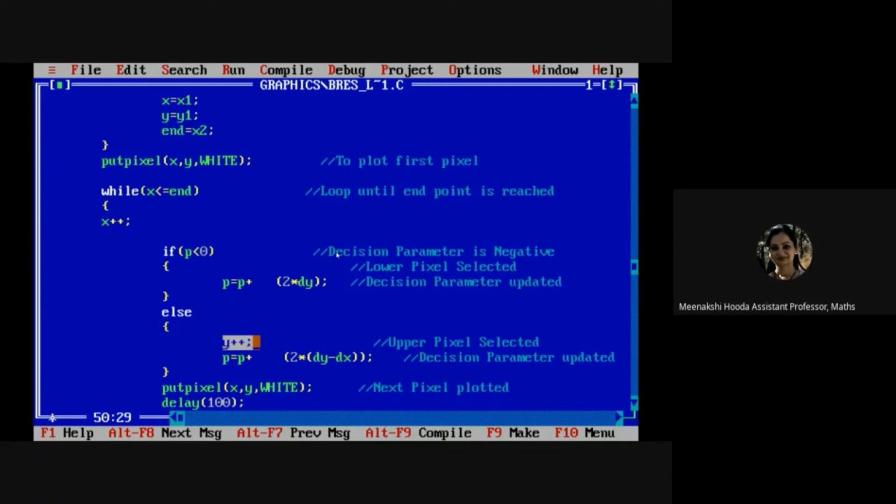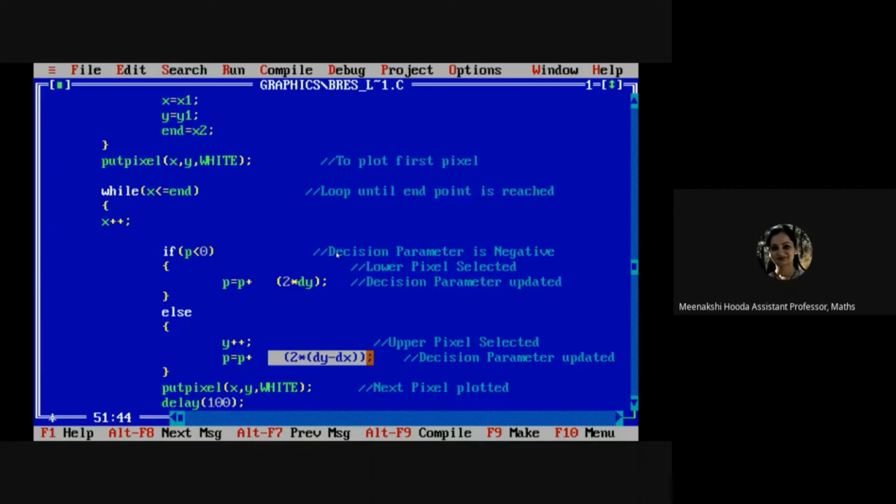Else, y will be incremented, as in this case the upper pixel will be selected. The upper pixel is nearer to the true line, and to select the upper pixel we need to increment y by 1. And we will update the decision parameter by 2 delta y minus 2 delta x in this particular case.